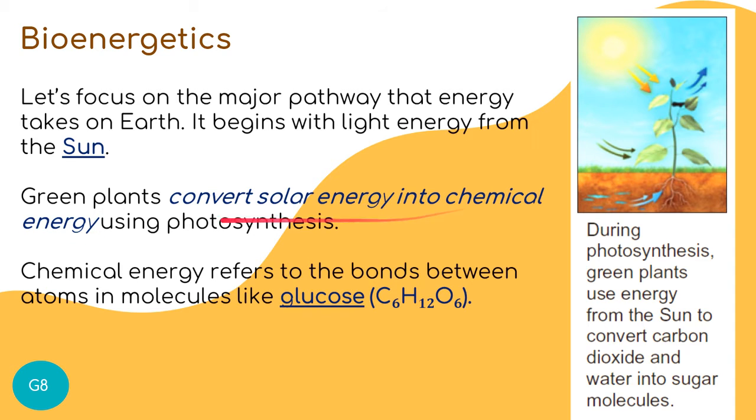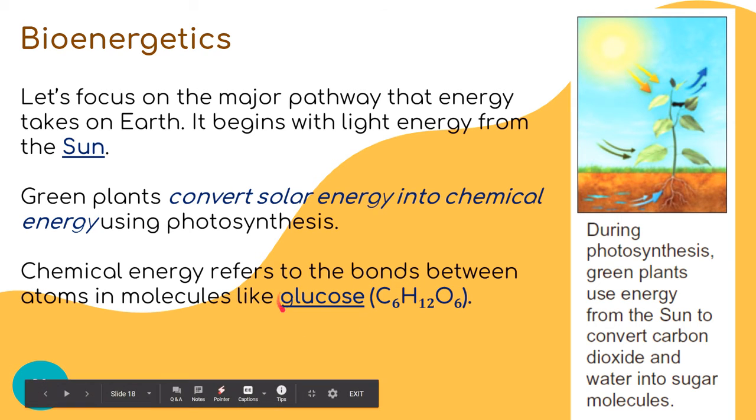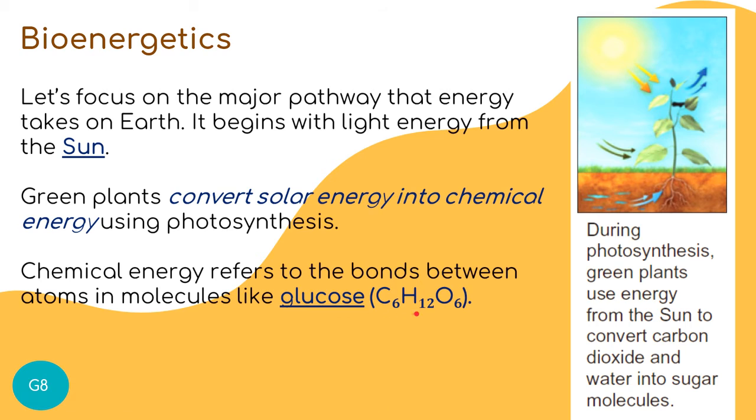This is the transformation of energy from solar to chemical in the process of photosynthesis. The final output of photosynthesis is a sugar molecule, or glucose molecule, with the molecular formula C6H12O6.